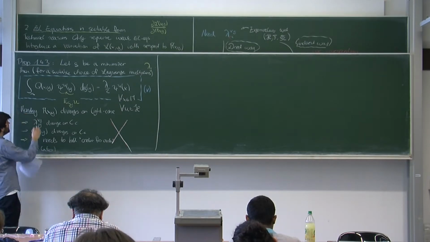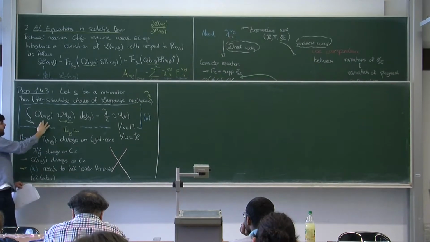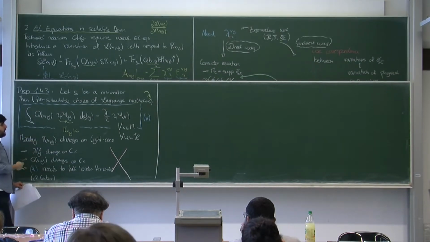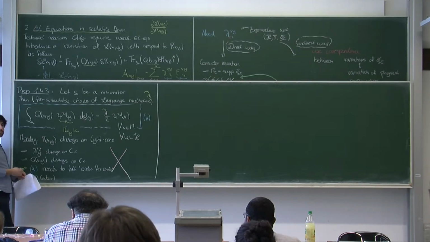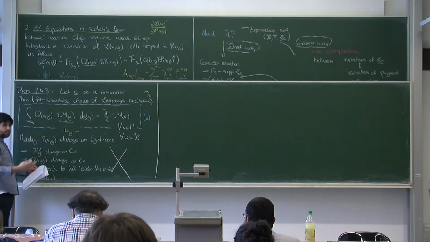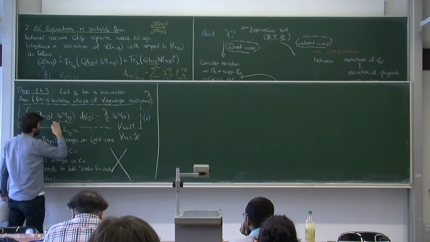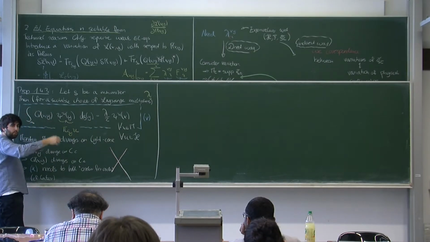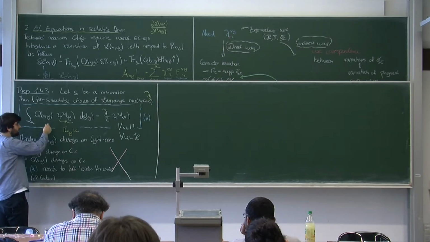But this just means that the divergence of x and y occurs if x and y are in a light-like relation. So if x is on the light cone of y, this diverges, and it diverges to different degrees. Therefore I just need to demand this equation going from one order to the next. There is a maximal degree of divergence.